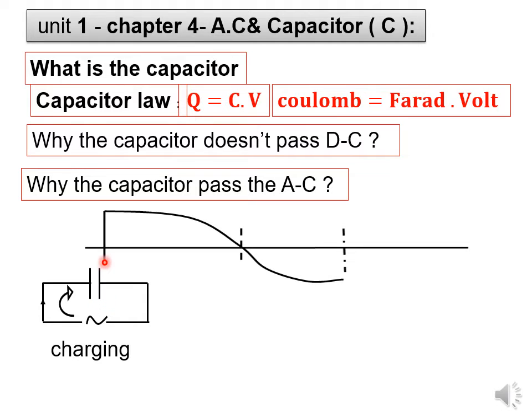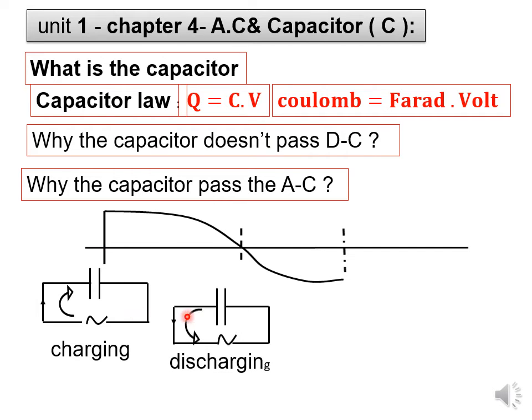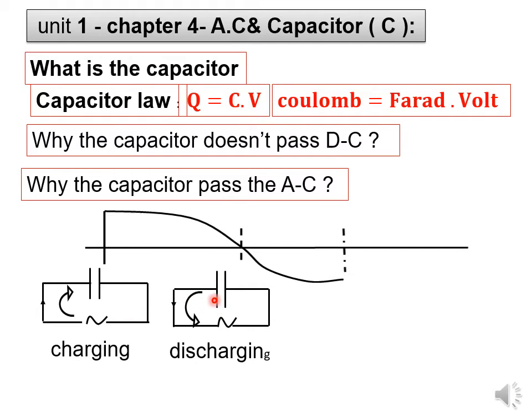This happens in the beginning of this half cycle. When the potential difference between the plates of the capacitor is more than the potential difference of the source, the capacitor starts to discharge again. So the capacitor charges and discharges during a half cycle.